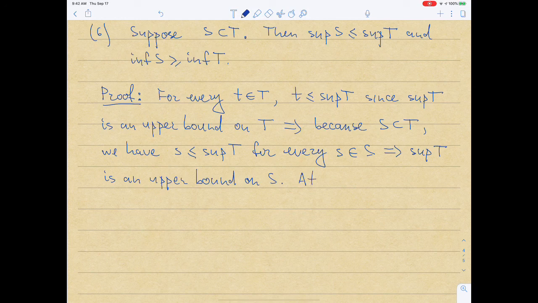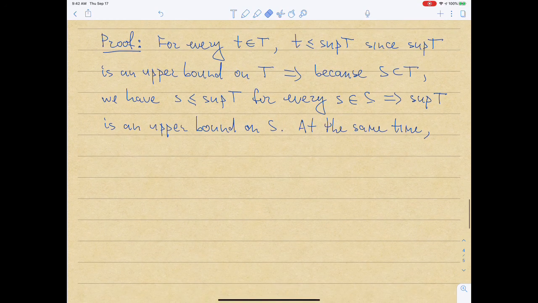Now, at the same time, what is supremum of S?